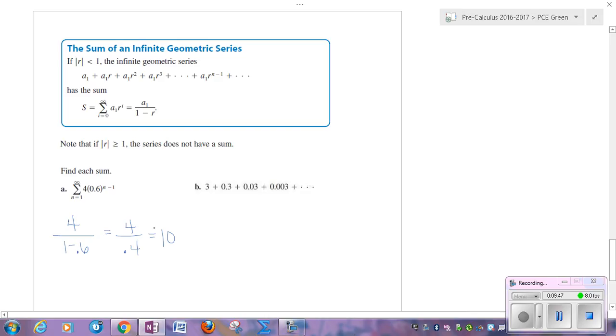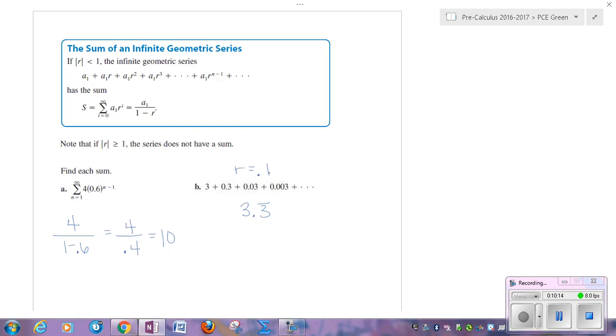Now the next one, if you keep adding them, notice that each time you're just adding a 0.3. So this is really like 3.3 repeating. Your r value in this case is just going to be 0.1. You're just multiplying by a tenth every time. If you look at the pattern on this last one, you're just going to get 3.3 repeating.